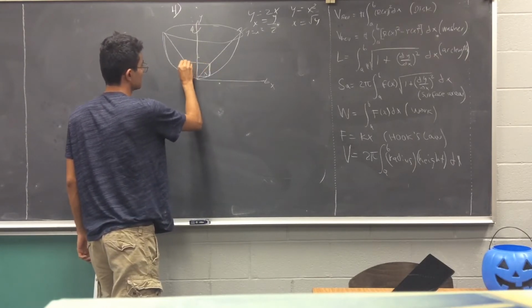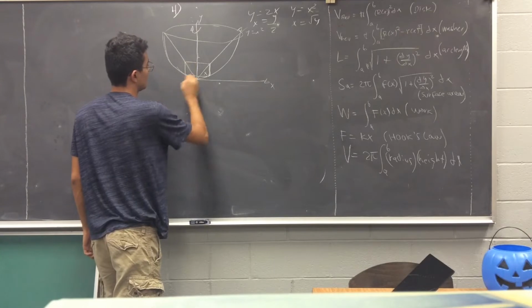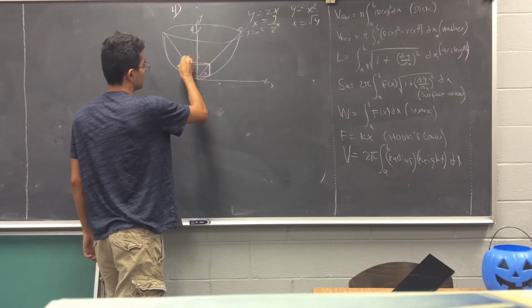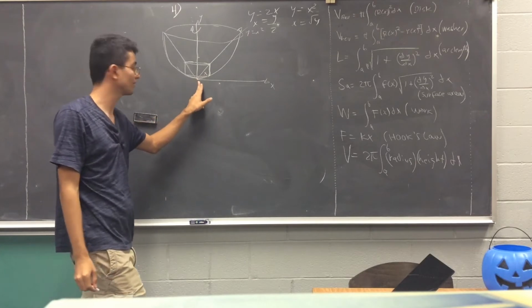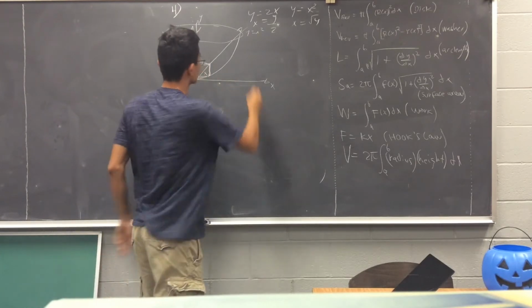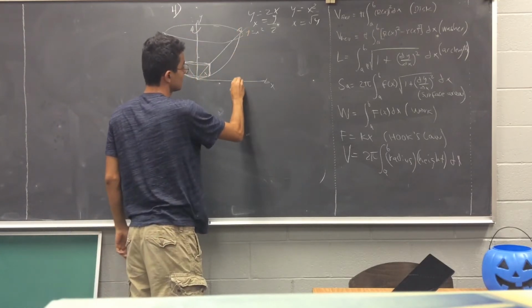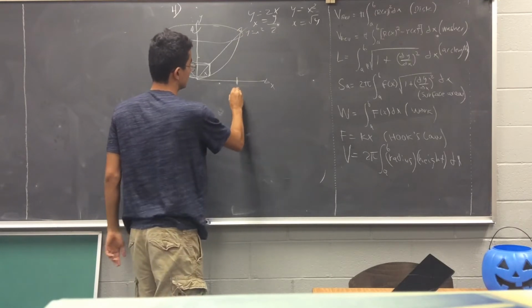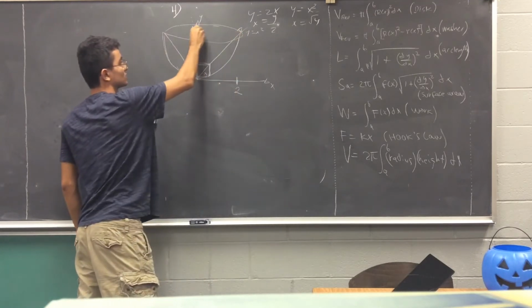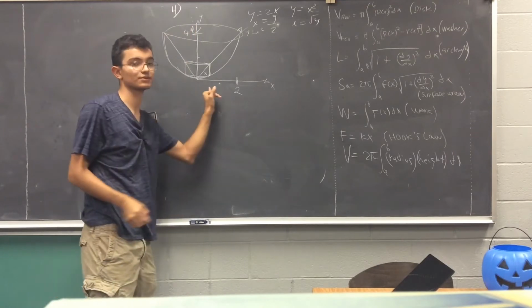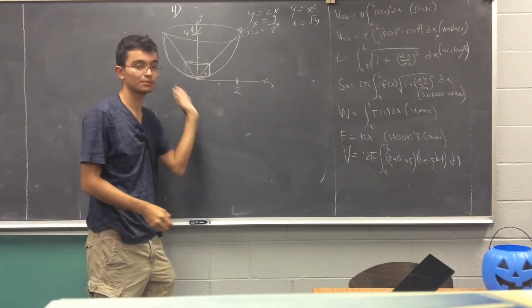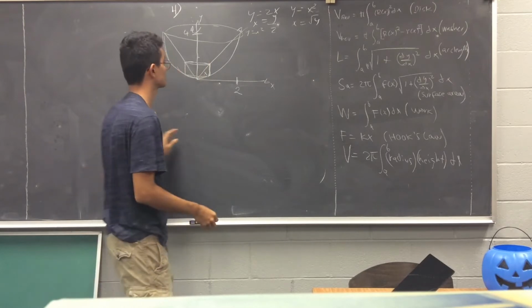It's going to intersect this. Going to go down like that. And then we're just going to add up all the shells from this value of x to the value of x where these two curves intersect, and we found that it was 2, right? Which means that the value of y has to be 4. And now we're integrating in terms of x because the shells are perpendicular to the x-axis, okay?